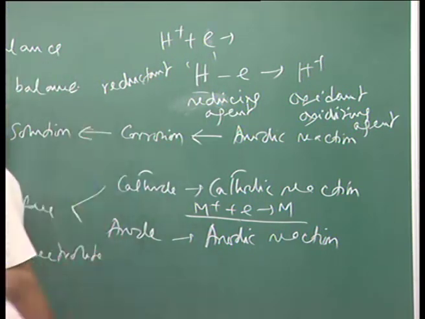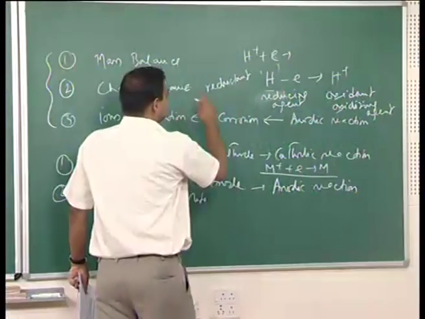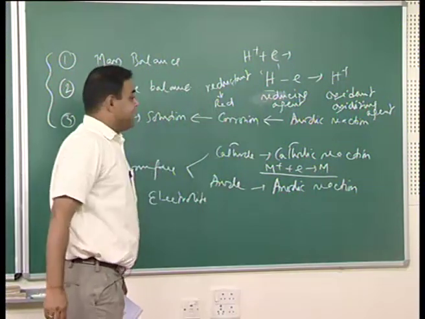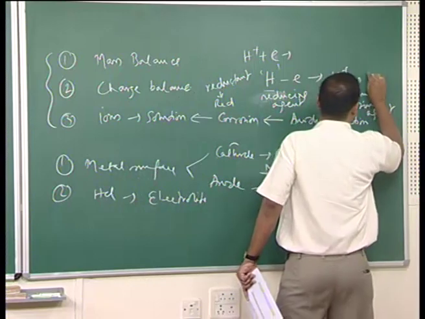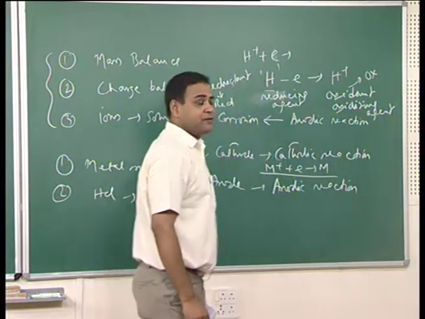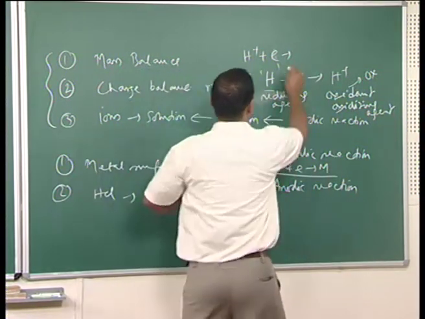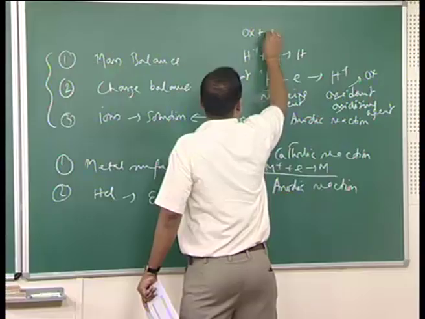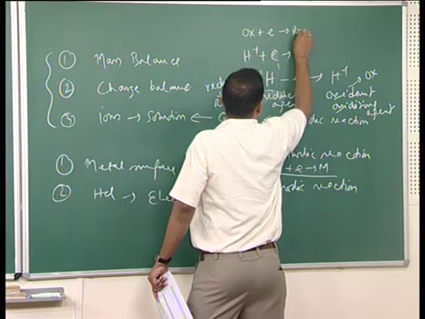Now in common usage, the reductant is expressed as red and oxidant is expressed as ox. So if you consider this reaction, you can write it as ox plus e going to red.